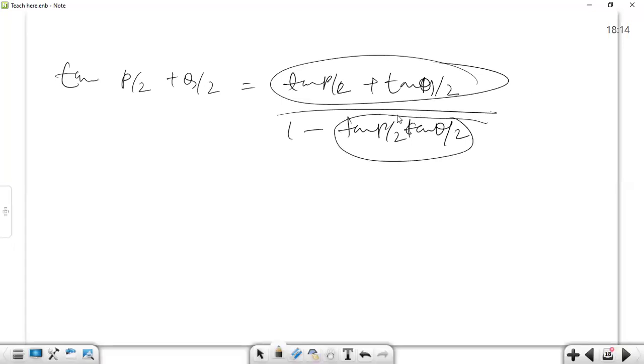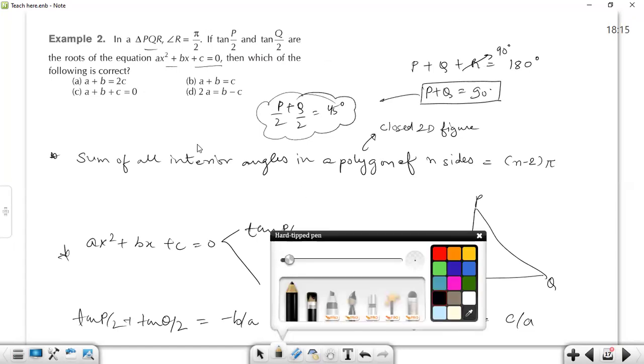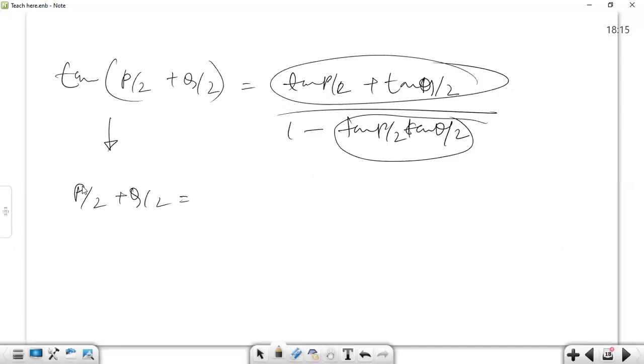So simply let's find out the left hand side. And P by 2 plus Q by 2 is what? 45 degrees. Okay. So now what will be tan 45? 1. So this is tan 45, so this will be 1.